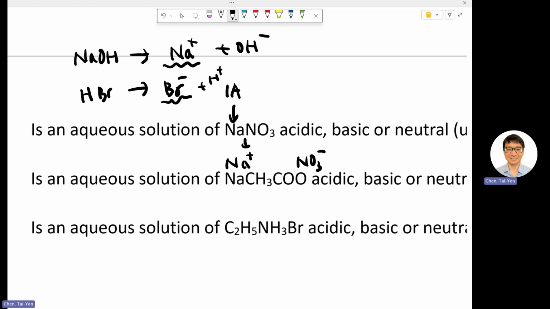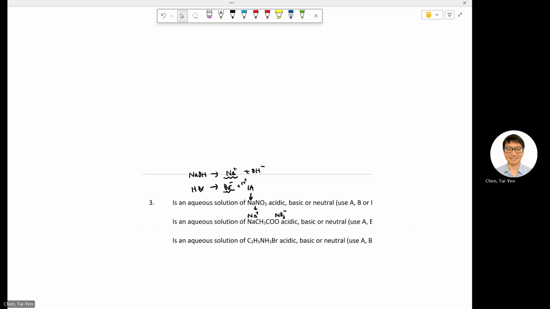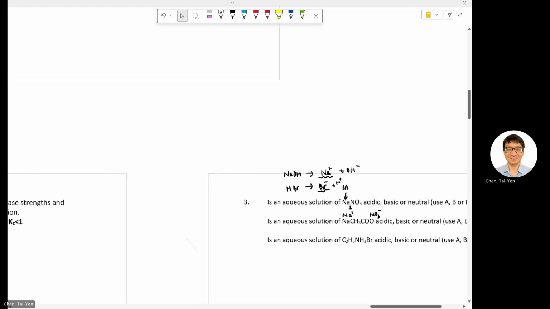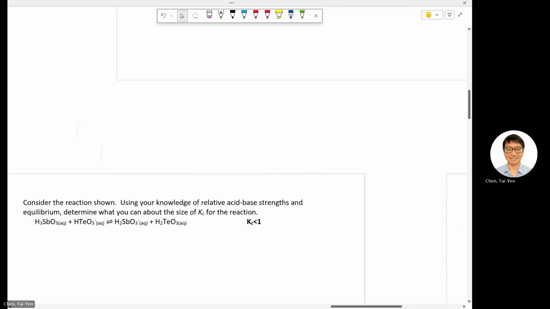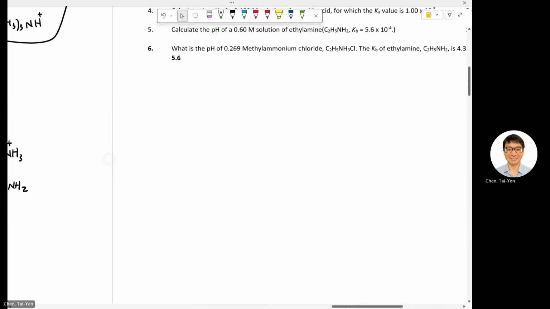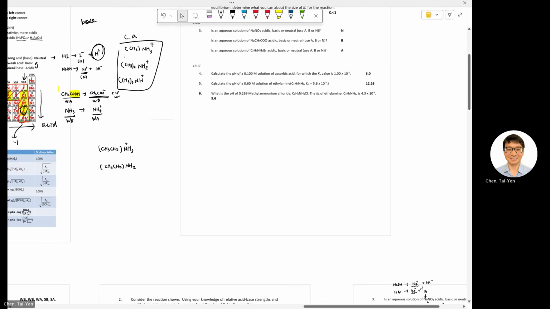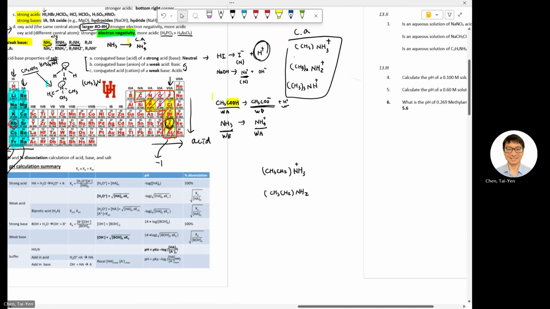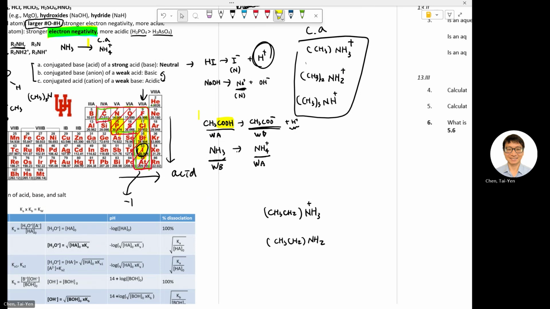So let's count the things we talked about. Right here. So if you are the counterpart of a strong acid or strong base, then you will be neutral.